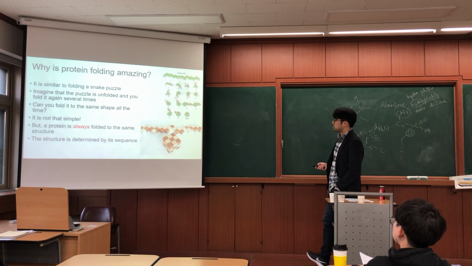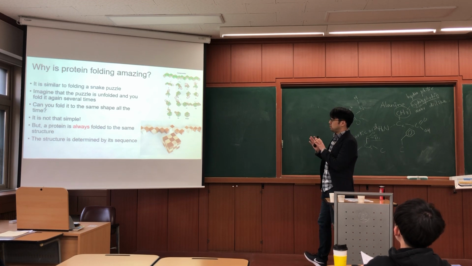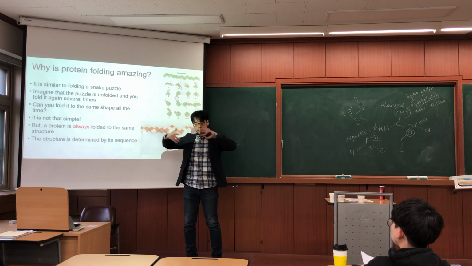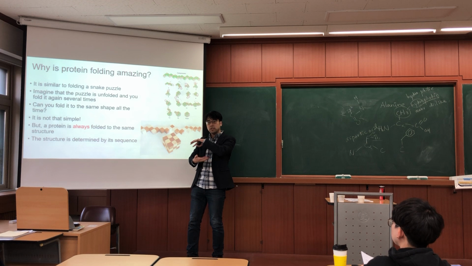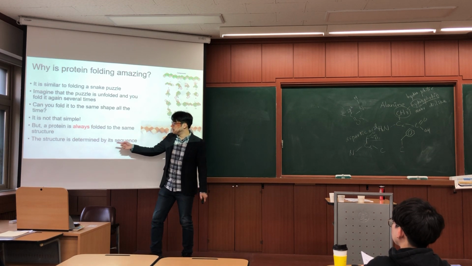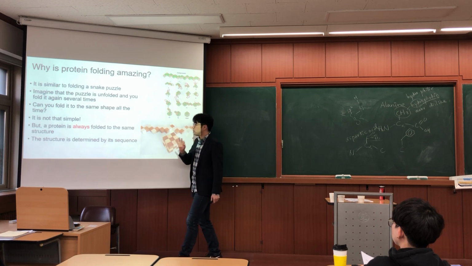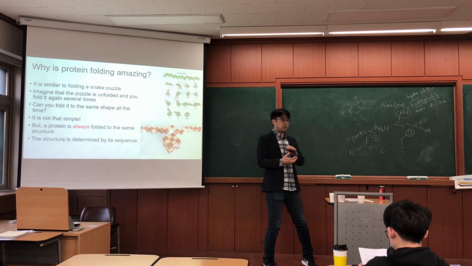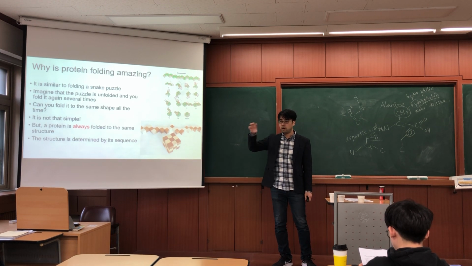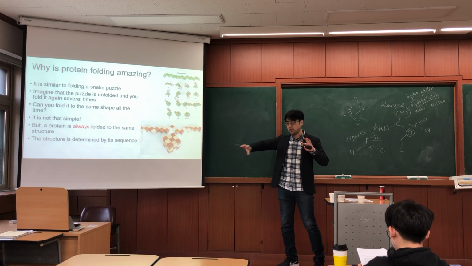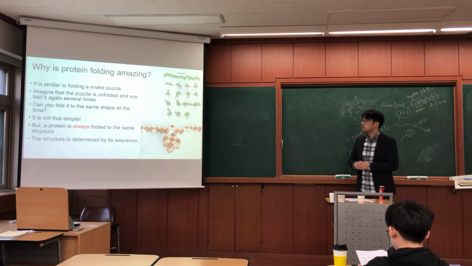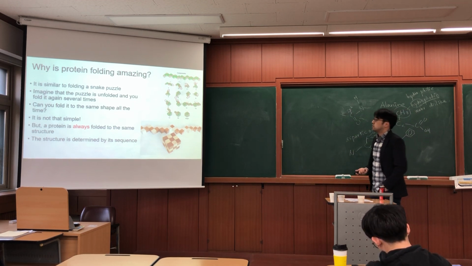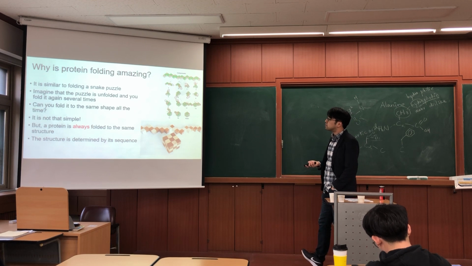So in short, Anfinsen's dogma means that proteins always fold to their unique native structure. It also means that the protein's 3D structure is determined only by its sequence. The structure is determined by the order of amino acids, how they are connected. If the order becomes different, the final 3D structure becomes different. So that's Anfinsen's dogma.